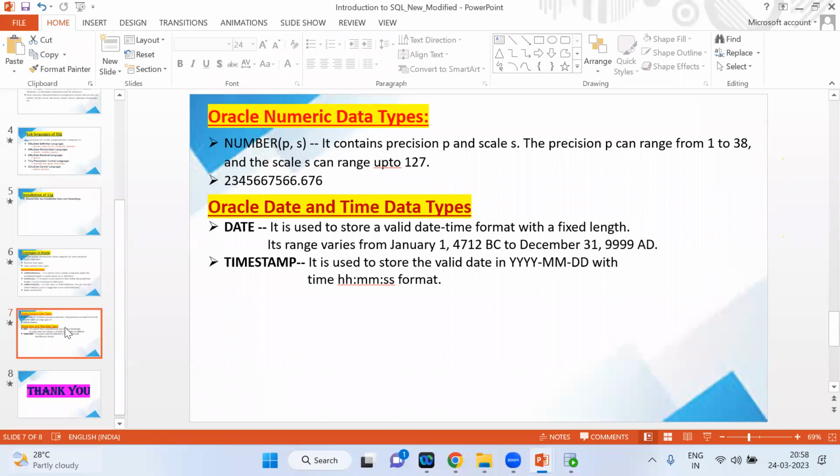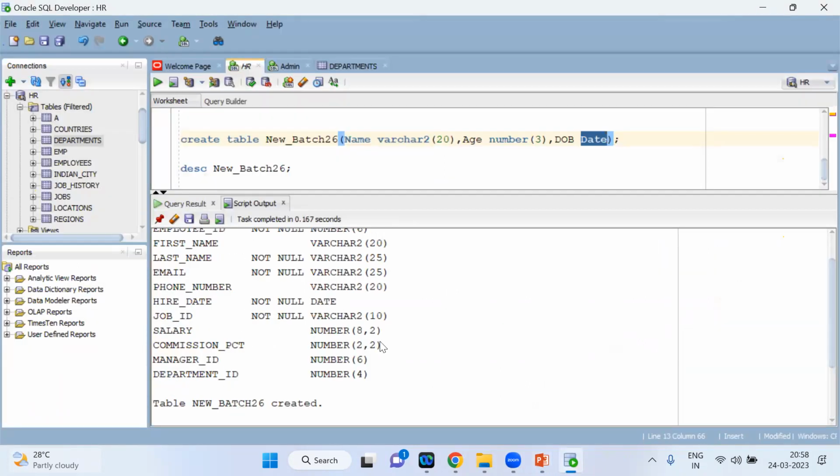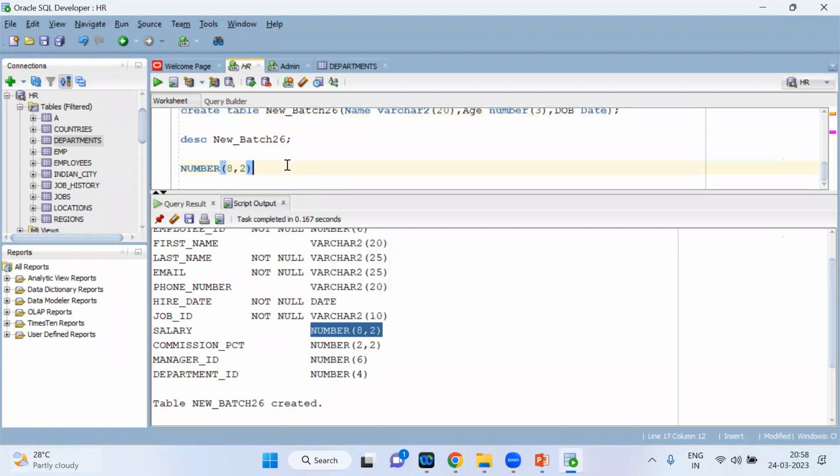Jayant, in decimal, we have only 8,2, right? That is the example here, 8,2. But again, up to 38, 127 you can mention. So number and decimal should be different?